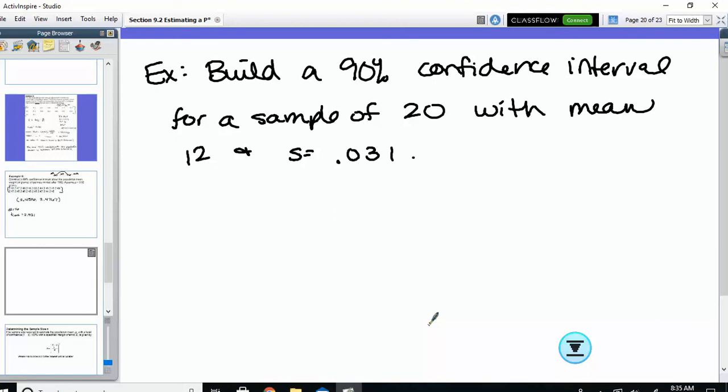My N was 20. My confidence level, 0.90. And then if you hit enter, it will give you that confidence interval. So if you don't have the original data, you just have to have the mean, standard deviation, and N, and you can enter all that. Yeah, right?